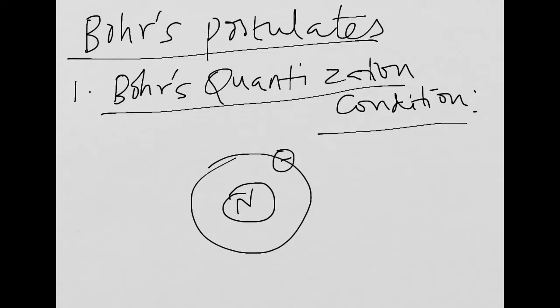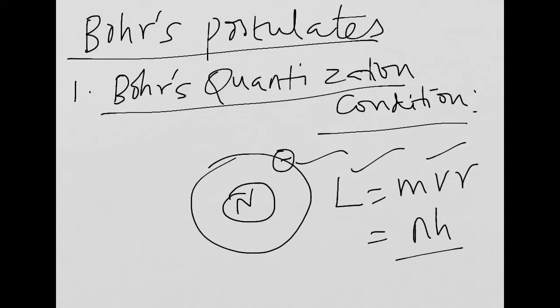It can revolve only in those allowed or permissible orbits where the angular momentum L, or you can also say mvr, of the electron is equal to nh by 2 pi. Only then are electrons allowed in that orbit. This is Bohr's quantization condition.